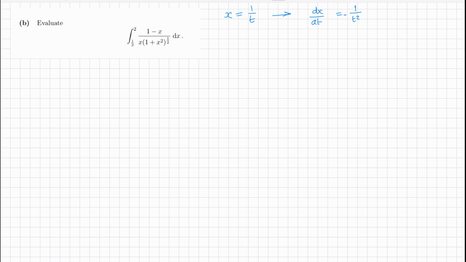Now, we need to be careful about our substitution, but we know that we can swap our limits around because it's the reciprocal. In the numerator, we have 1 minus 1 over t, which, if we just go to an aside, is t minus 1 over t.